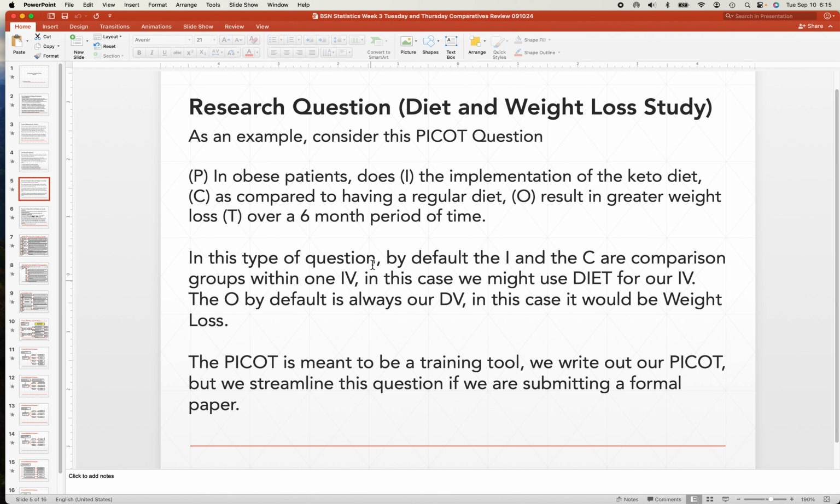So going forward, of course, if you see a PICO question, you can automatically rule out all of the other statistical groups. It's not a descriptive, it's not a correlation test, it's not a regression test, it's not an epidemiology test most of the time. That one word compared is going to push this question into the comparison group.